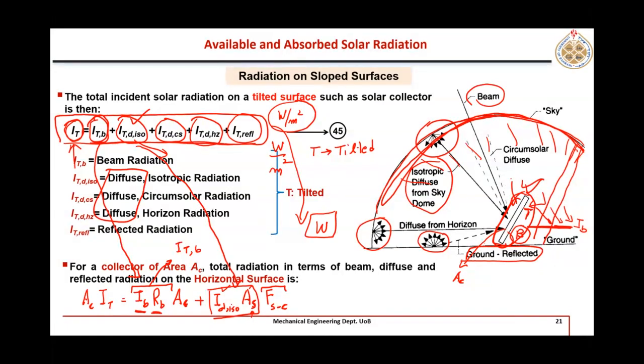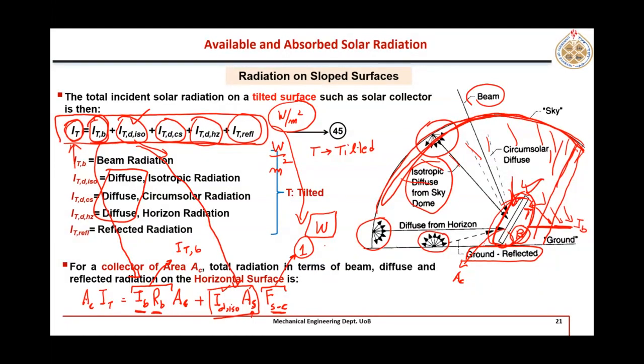So here we define a factor called view factor. This is the view factor from sky to collector. If the entire collector is receiving the radiation from the sky, then this view factor will be 1. But if only a part of that sky radiation is intercepted by that area, then this view factor will be less than 1.